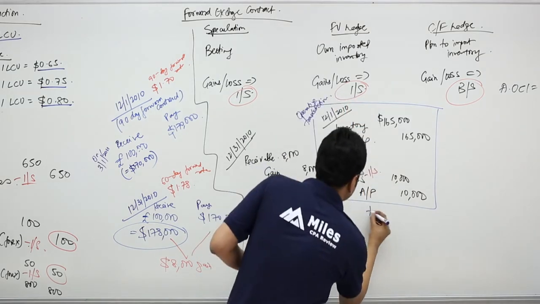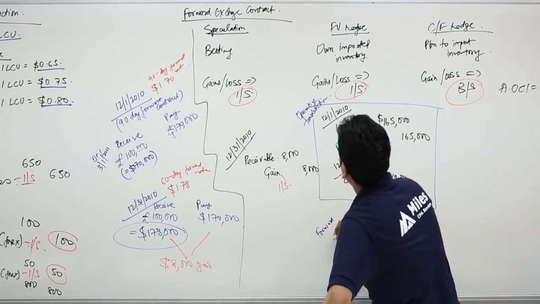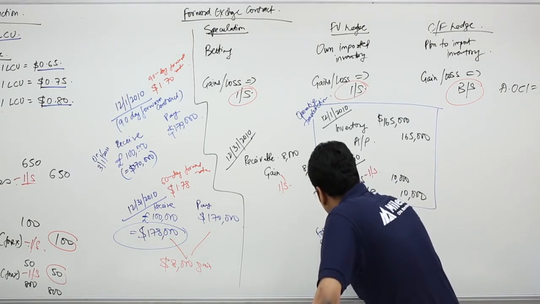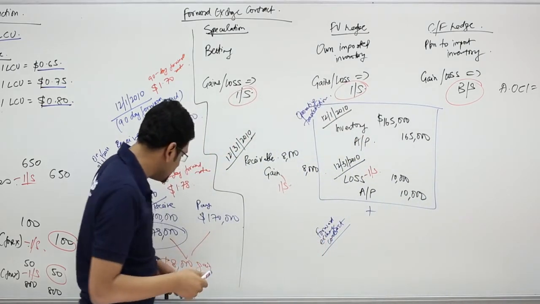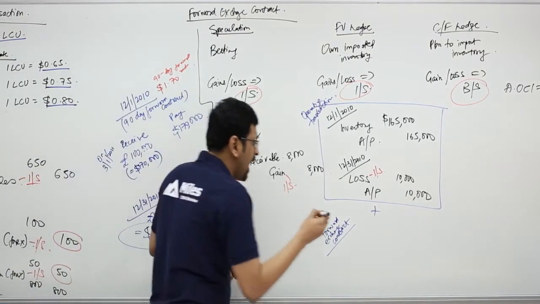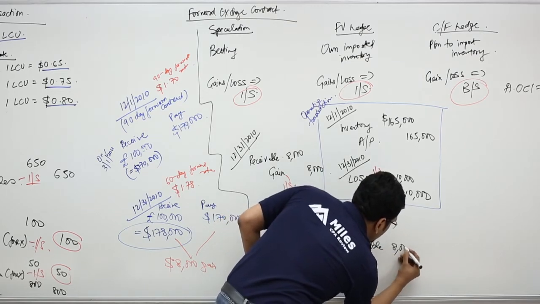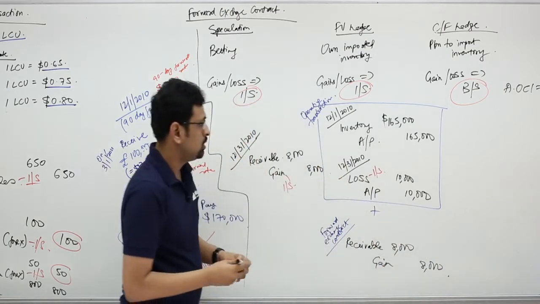Now, along with this, we're going to have a forward exchange contract, which they have entered into for hedging purposes. Now, as per the forward exchange contract, they had a gain of $8,000. So, as per that contract, they're going to have a net receivable of $8,000, gain of $8,000.